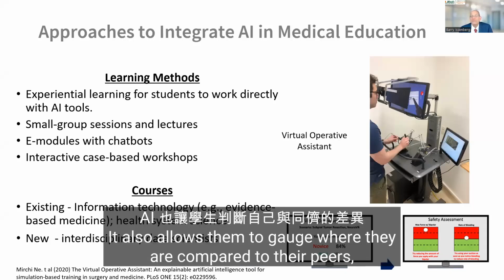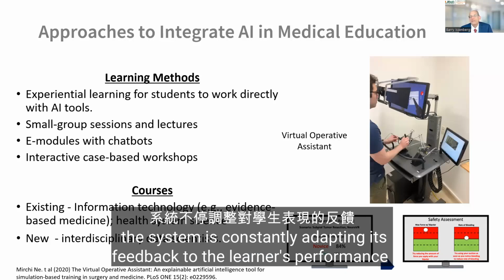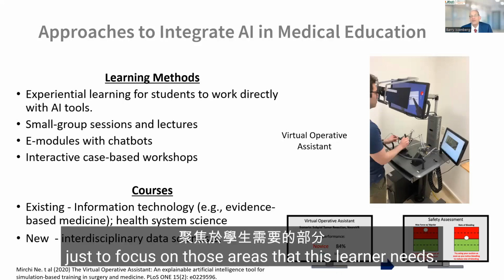It also allows them to gauge where they are compared to their peers, so that as this student is learning, the system is constantly adapting its feedback to the learner's performance and able to customize that session just to focus on those areas that this learner needs.